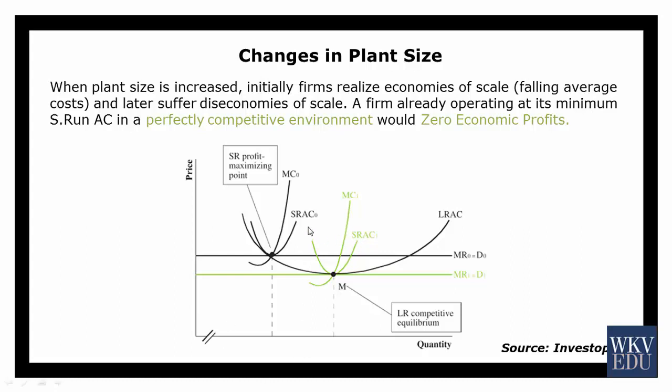We can clearly see this in the diagrams. Now, the short run average cost curve whose minimum point coincides with the minimum point of the long run average cost curve. This is the long run average cost curve. This one is the short run average cost curve, and this intersection is the point where they coincide, point M. This point where the short run and long run coincide is known as the equilibrium point.